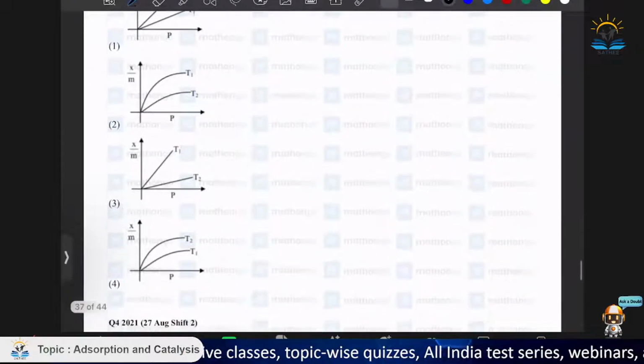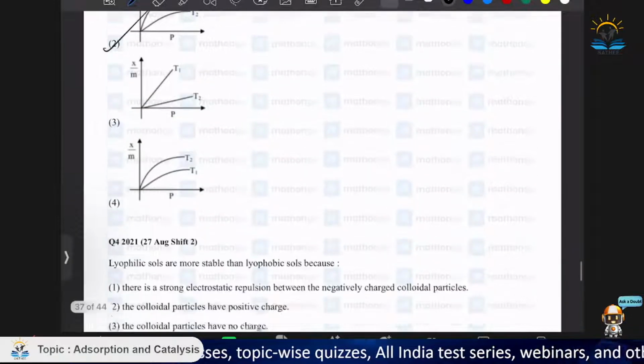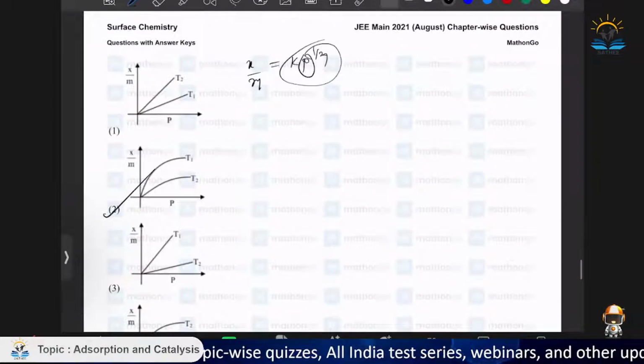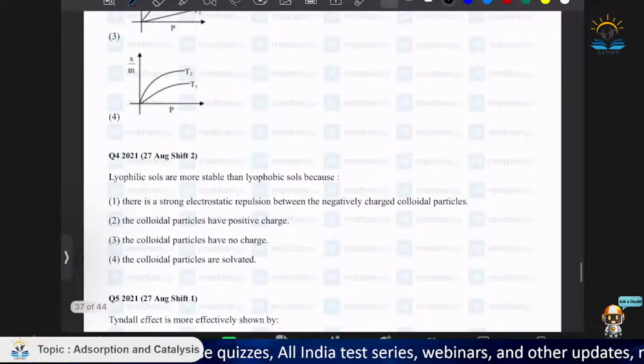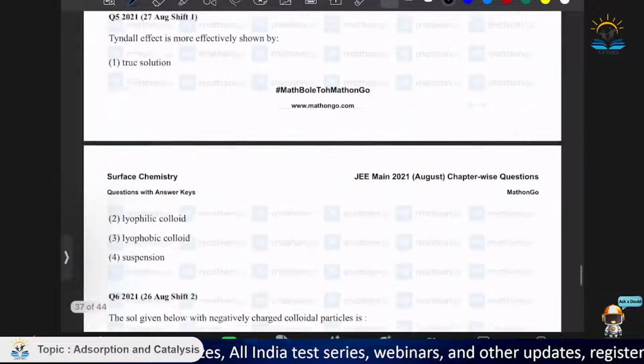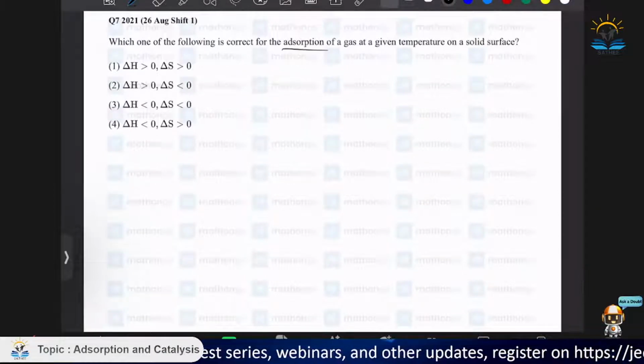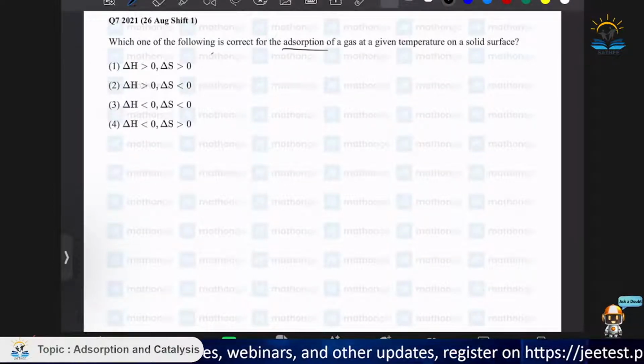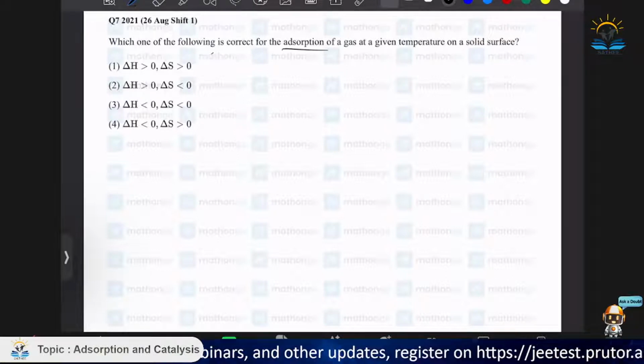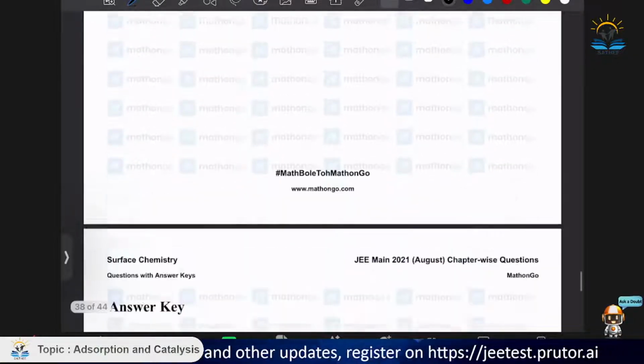So this is going to be the answer. It won't be a straight line because it is some kind of parabolic function. Now Tyndall effect and all we leave. Given below, negatively charged. Adsorption question, one more. Correct for adsorption: delta H is negative, delta S is negative. Third one is correct. We just saw it.